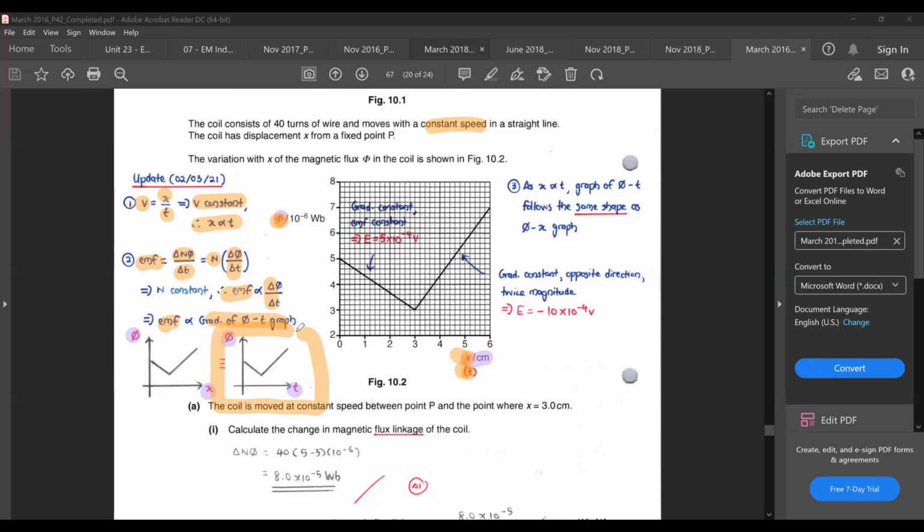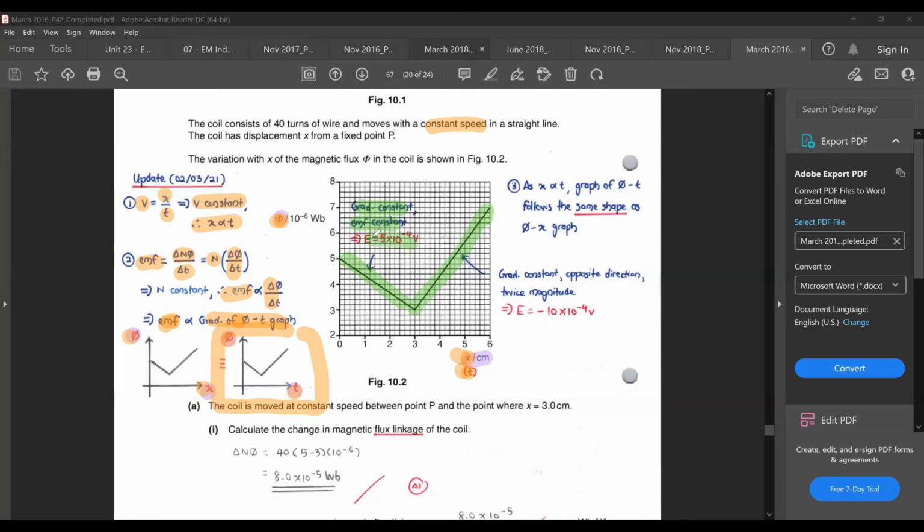There are ways in which you can explain it: a graph of flux versus distance is the same as flux versus time, and the gradient of flux versus time gives your EMF. So here you're really just going to be looking at the gradient again and nothing else. I noticed that the gradient is constant, so EMF is constant.